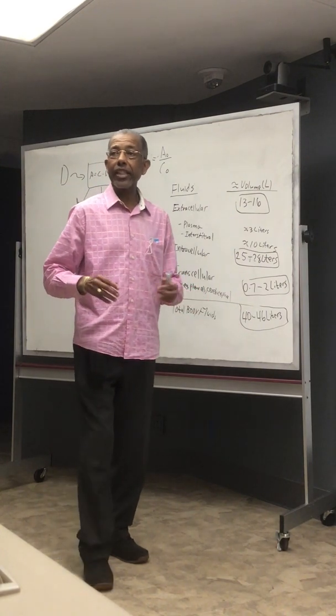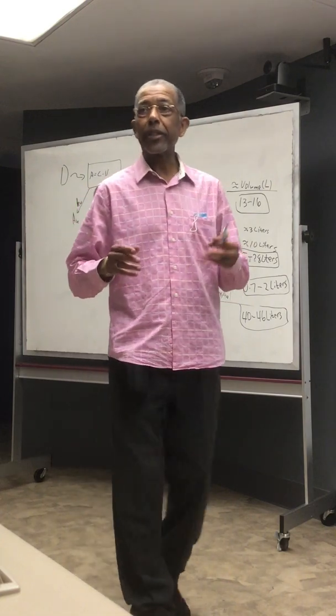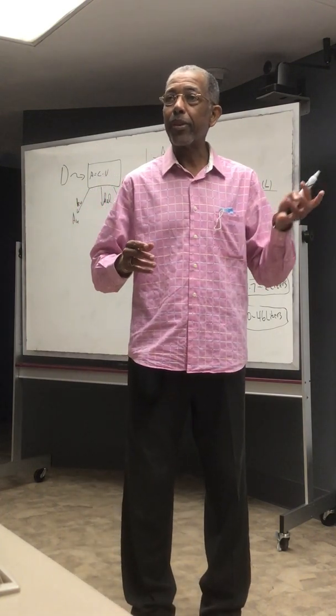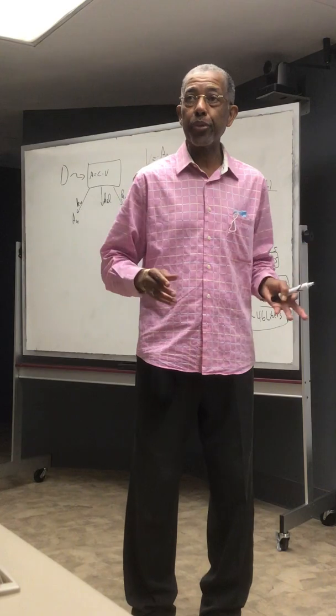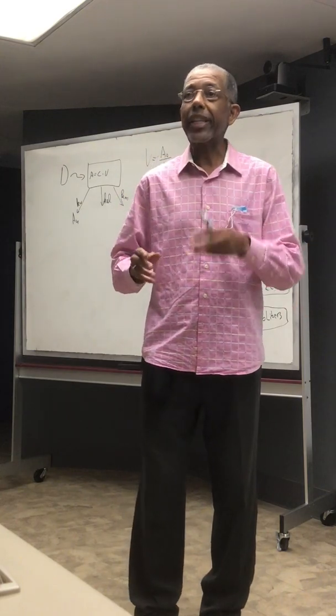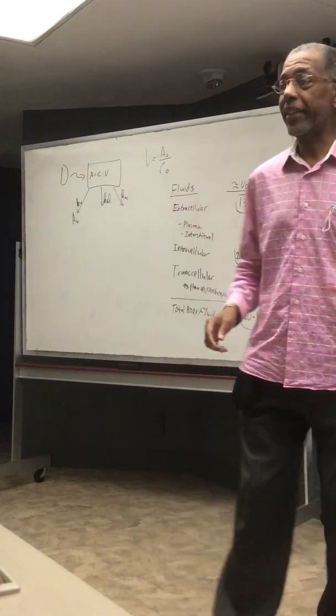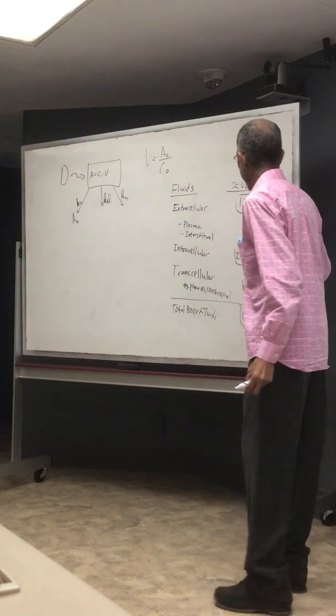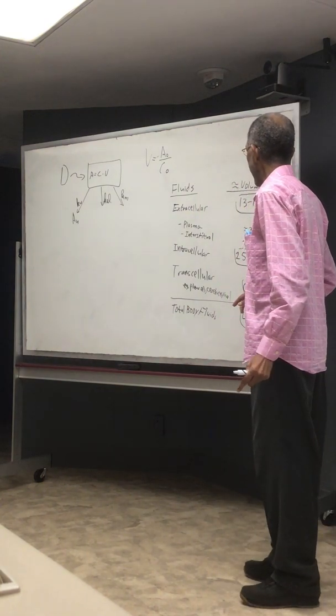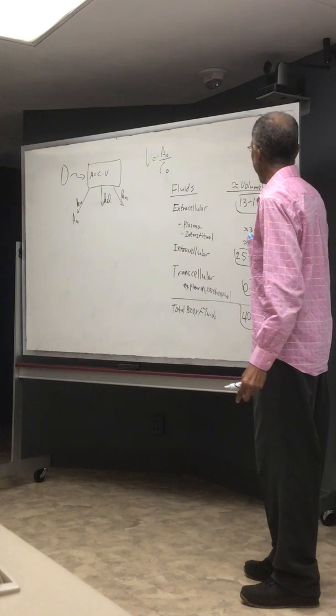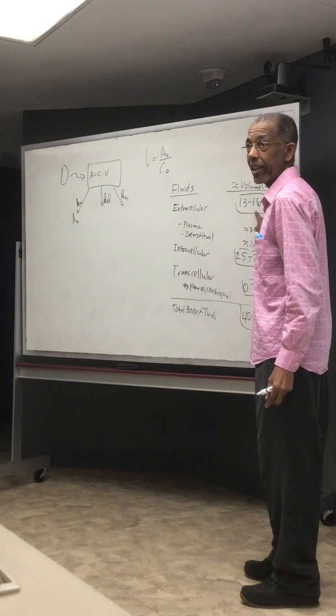Okay? So generally, you can probably hear most of the time, 60% of the body weight is water. So 0.6 times 70 gives us the 42. Does that make sense? So that's how they come up with that number. But now, if the drug had a volume of distribution of 50 liters, of course, it would have exceeded extracellular space.